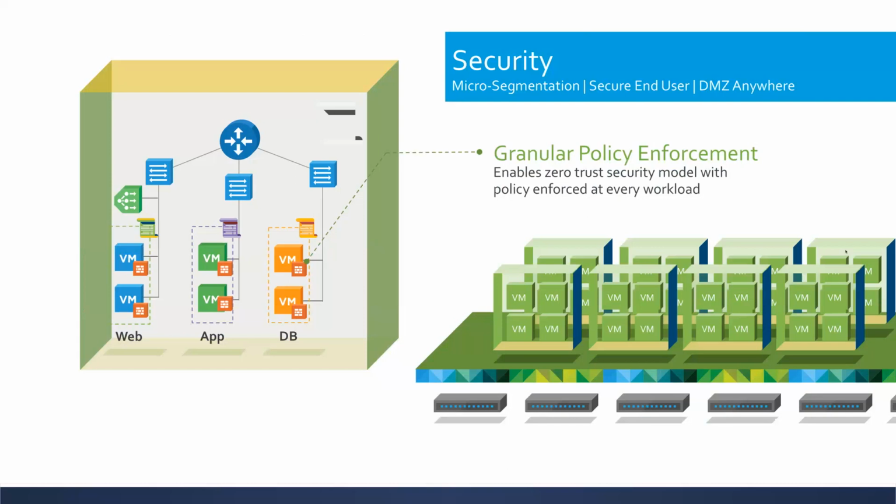It inherently does that to provide that granular policy and that zero trust method, which we know and love. You definitely have some type of whitelist there, as opposed to permitting anything and denying what you don't want. You're pretty much denying everything and permitting only what you need. This assists in the microsegmentation and secure end user and DMZ anywhere.